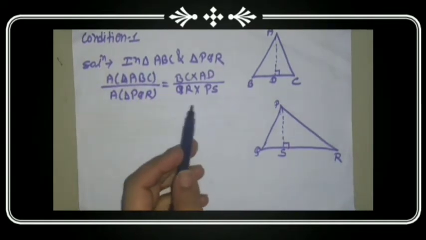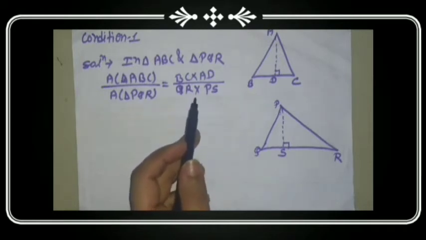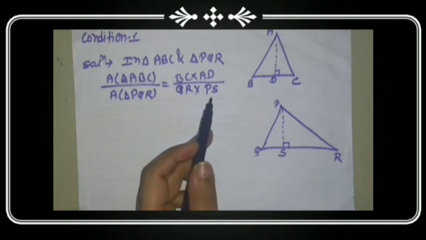The ratio of area of two triangles is equal to the ratio of the product of their base and corresponding heights.